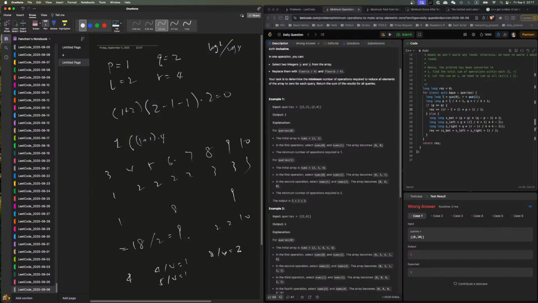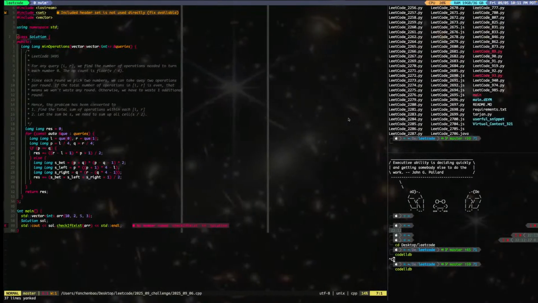This will be 1, 1, 1, 1, 1, 1, all the way to 16. It's all 1. Alright, because 15 divided by 4 is now 4. It's 3 times 3 point something. Oh my god, I got this one wrong. Alright, so I need to rewrite this.